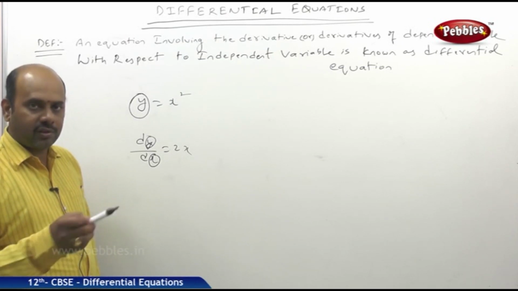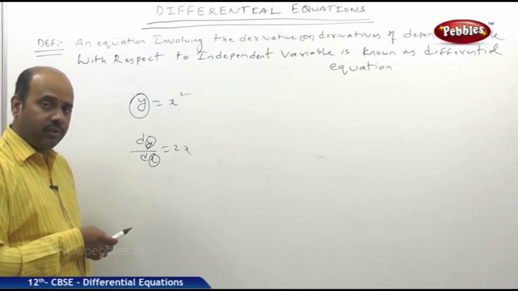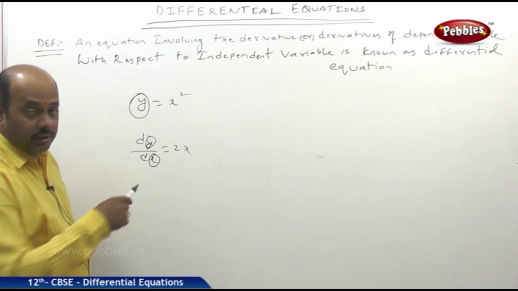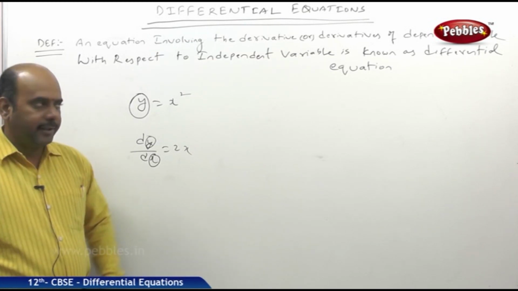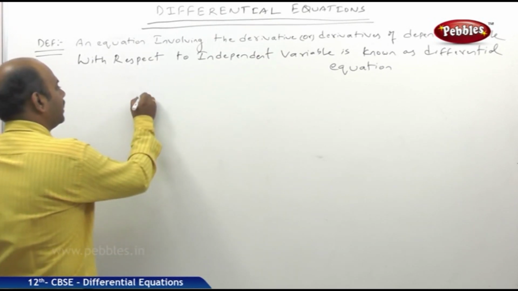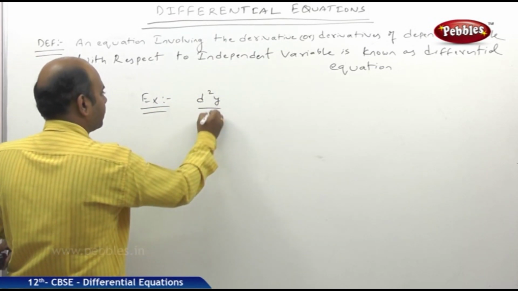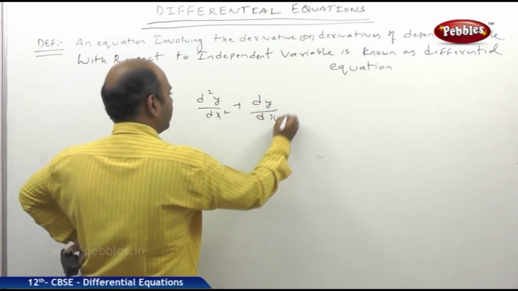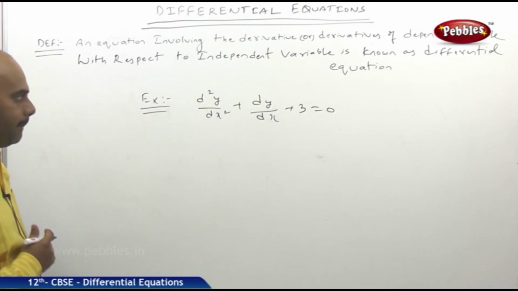If an equation involves the derivatives of a dependent variable with respect to an independent variable, then that type of equation we call a differential equation. Now, by way of example, d square y by dx square plus dy by dx plus 3 equal to 0 is an example of a differential equation.